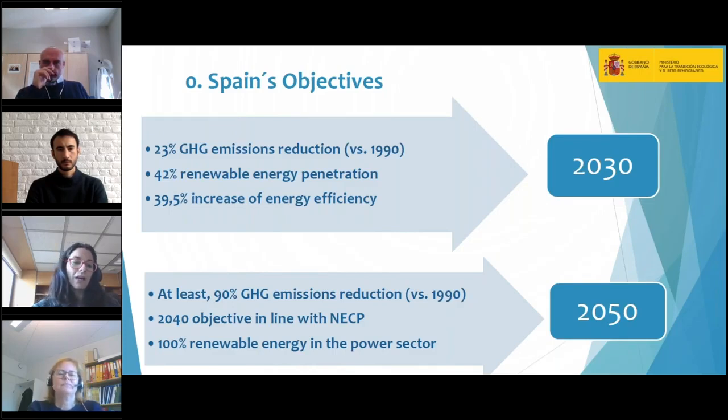And we have another intermediate milestone in 2040 in line with both the NECP and also the climate neutrality. To conclude, this climate neutrality translated into a reduction of 90% of greenhouse gas emissions will be compensated by the sinks for emissions, together with 100% renewable energy in the power sector by this year.